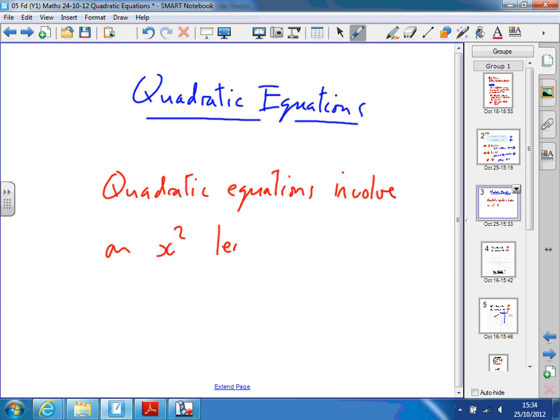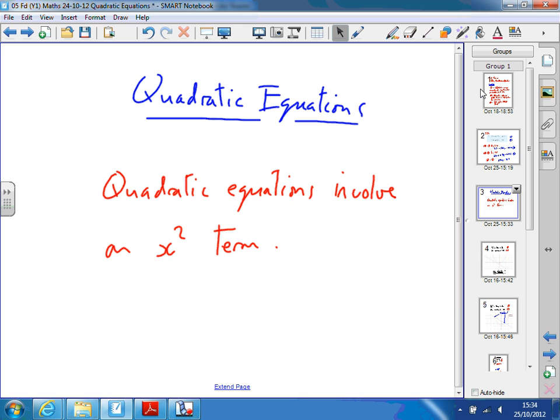If x is our variable, then there'll be an x squared term in there. If our variable was y, then there'll be a y squared term in there, and so on. So x is a common symbol to use for the variable, so if you've got x squared, that means you've got a quadratic. That's all quadratic means. The highest power in the expression is an x squared term.